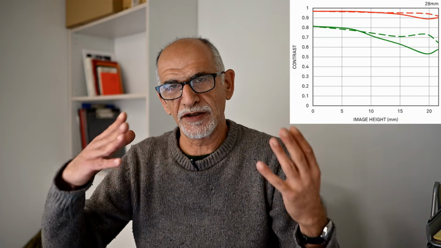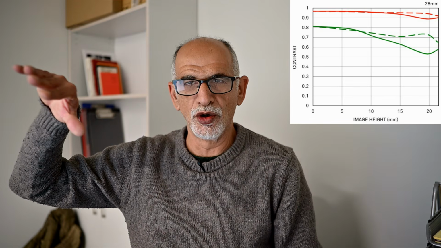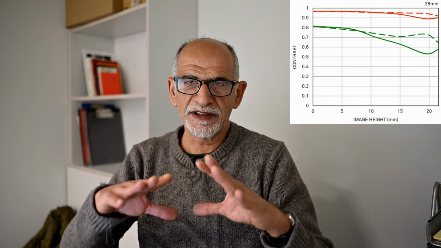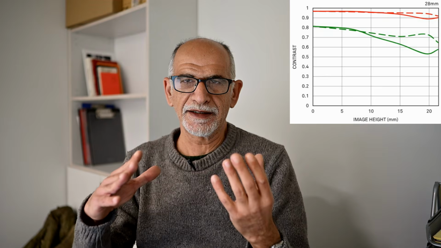In a typically simplified MTF chart, as published by lens manufacturers, this measurement is done repeatedly across a line that goes from the center of the image to the corner. So what you get is a representation of contrast level at different positions in the projected image circle.